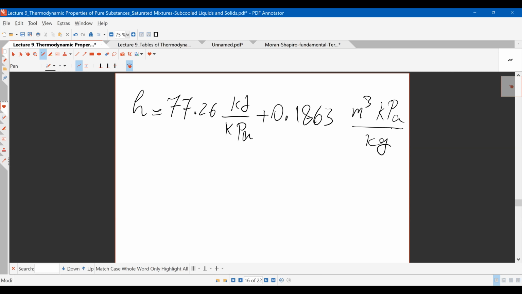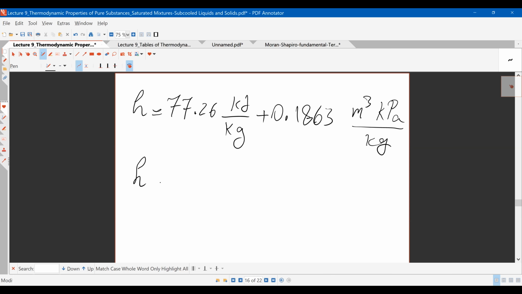And if you convert the units, you will see that both of them are the same, right? So here, this is kilojoules per kilogram. Here is kilojoules per kilogram, and you will see that the units are the same.